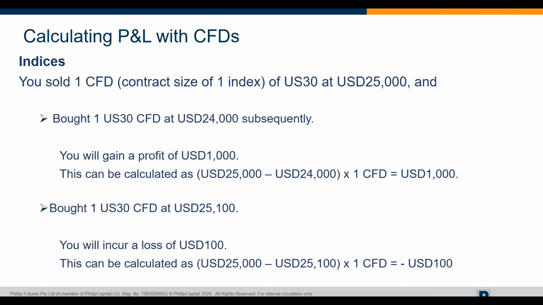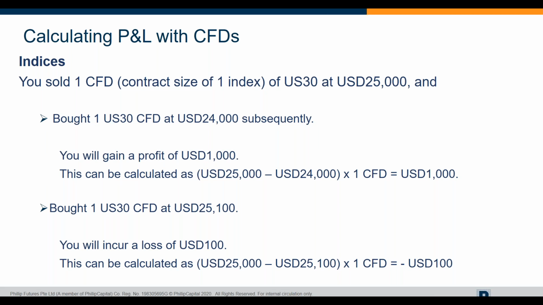In this one, you buy one CFD, which means one index, because indices are pretty high priced, so one contract is just one index. I think this example is the US30 at 25K. Clearly, this is an old example. The price today is way higher than this. All right, so this example is you have sold one CFD at 25K, and eventually you bought it back at 24K.